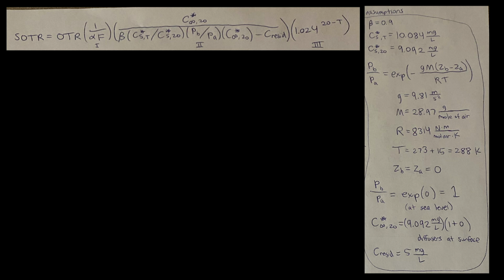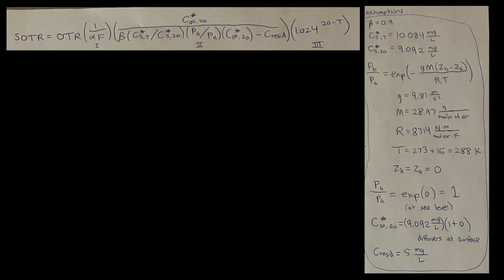The next term here, PB over PA, would be adjusting for differences in altitude and the effect that has on oxygen concentrations in water. Since we're told that this system is approximately at sea level, you'll find here that this equation ends up being equal to E raised to the 0, which is equal to 1. So essentially we don't need to correct for altitude if our system is close to sea level.